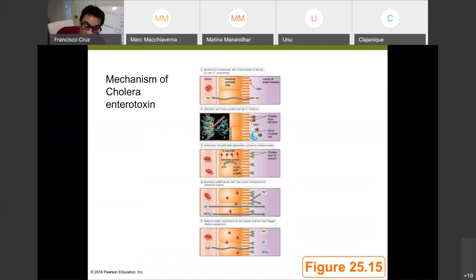The consequence of having a lot of cyclic AMP inside of an epithelial cell in the small intestines is that it tells transporters to go ahead and allow chloride and the bicarbonate anion across the epithelial cell into the intestinal lumen. If you get all these anions going into the intestinal lumen, water will follow.